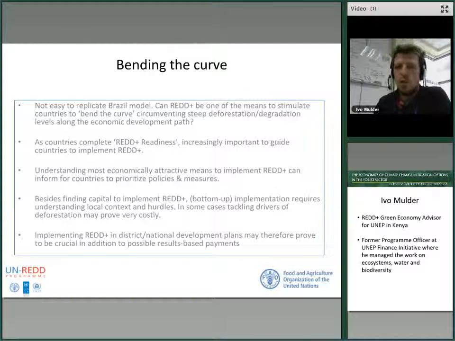Those are all issues that will definitely have a large impact on the effectiveness of REDD+, even if finance is available. Implementing REDD+ in district and national development plans may therefore prove to be crucial, in addition to providing results-based payments.